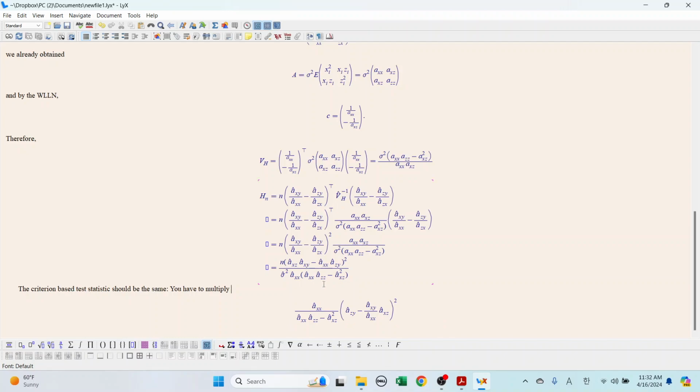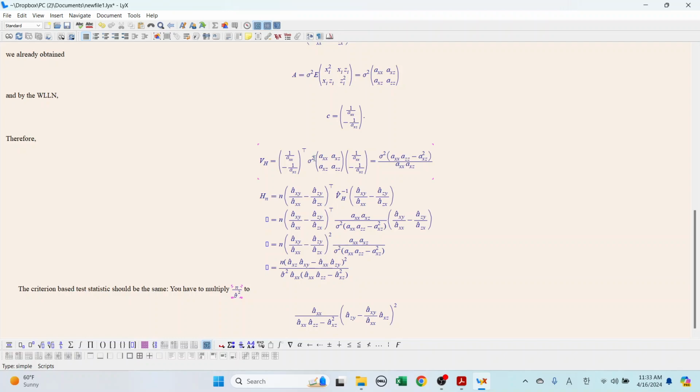So you have to multiply maybe n over sigma squared to this one. Then it will be maybe the same as what you get here. Okay, so you have to standardize the criterion function by multiplying n over sigma squared. Then all three test statistics will be the same. Okay, so it was a very boring, tedious, long algebra.